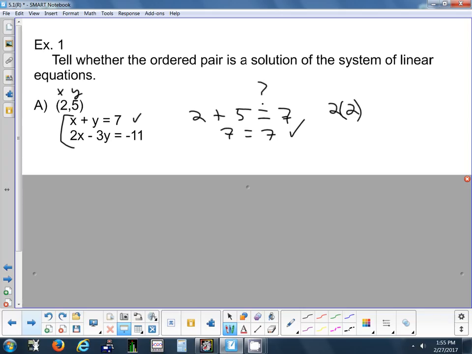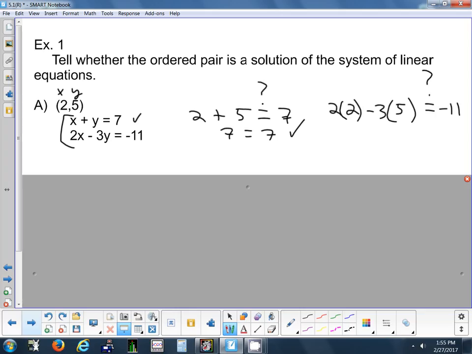Parentheses are probably a good way to do that because we're going to look at that more tomorrow too. So put parentheses around whatever you plug in. Okay. And Sabrina, what am I going to replace y with? 5. I'm going to put a question mark because I don't know if this is going to be true.